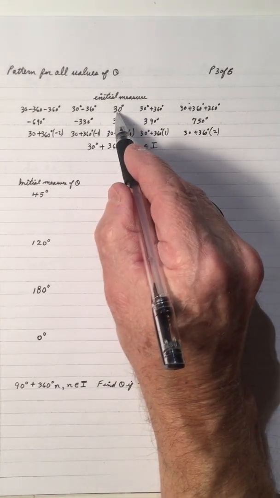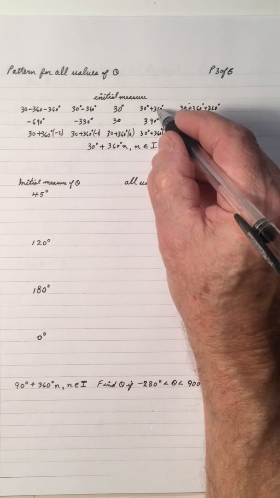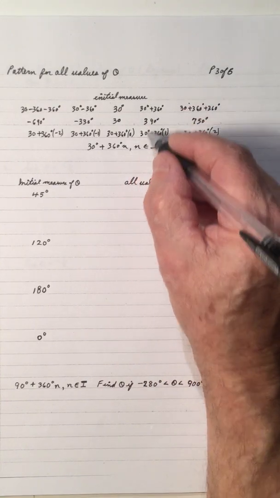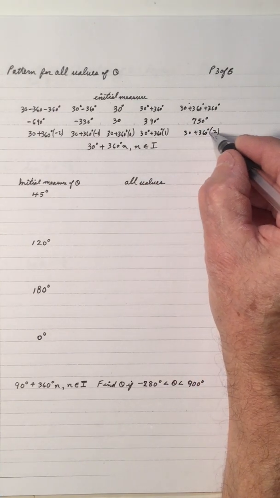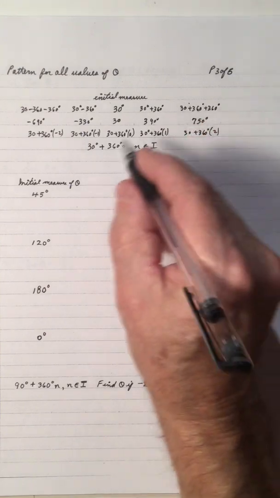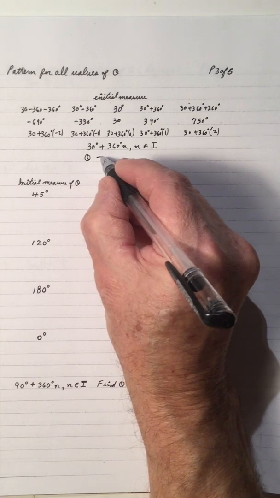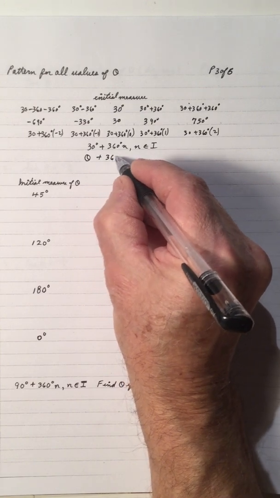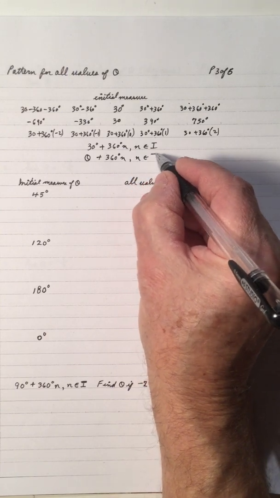So 30 is the initial angle, and if n is 1, then you put a 1 in here and you'll get your 390. Put a 2 in here, you get 720 plus 30, 750.